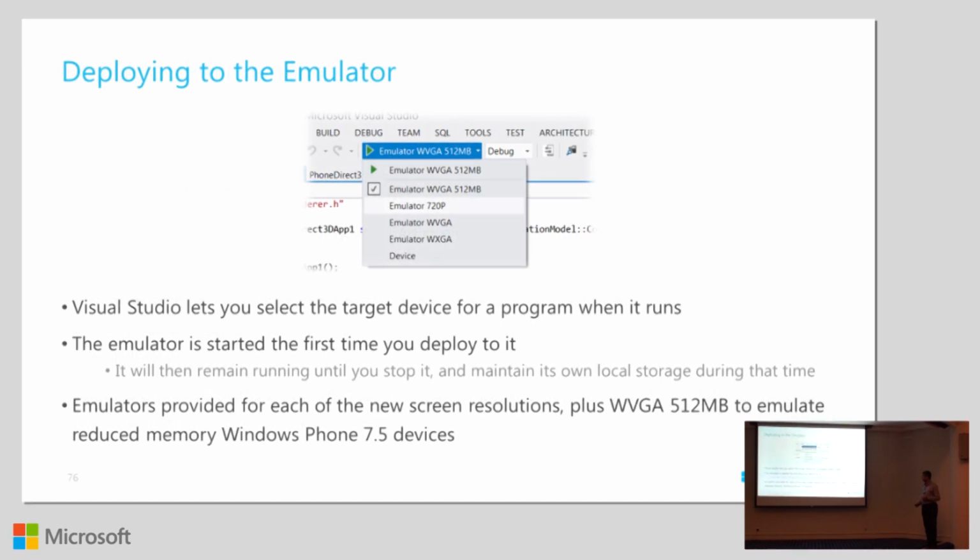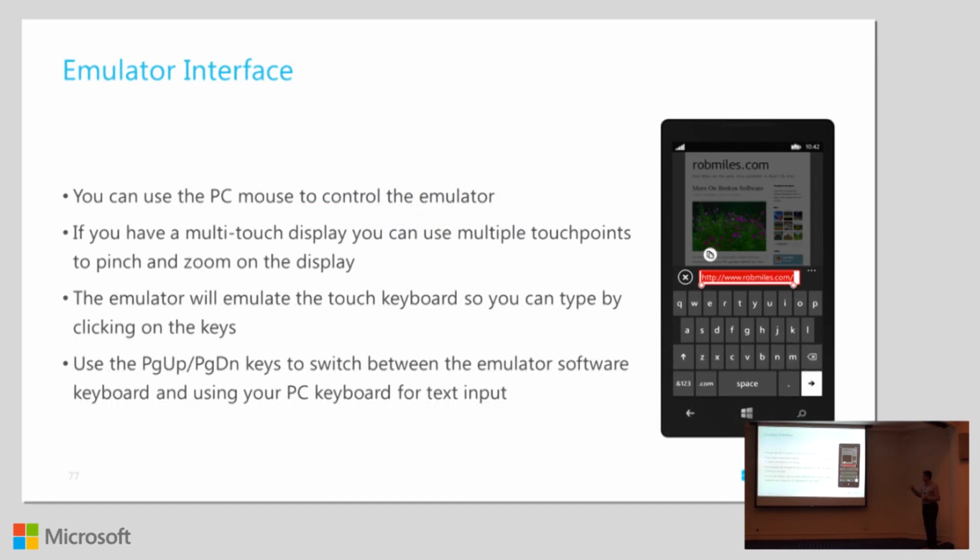We already covered this. In terms of the emulator interface, we provide you a keyboard, and you can use page up, page down to hide the keyboard. When you're designing your applications, keep in mind that the UI you design should not be hidden by the keyboard, because I've seen many applications where, when you try to write using the onboard keyboard, it actually hides the UI.